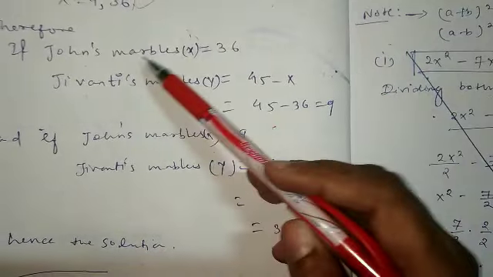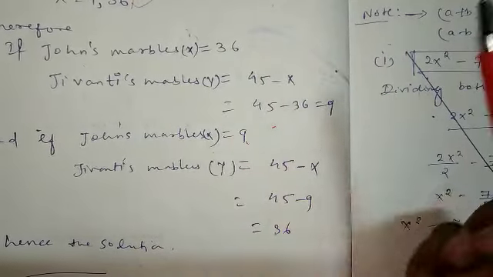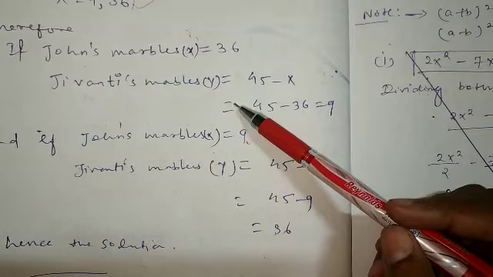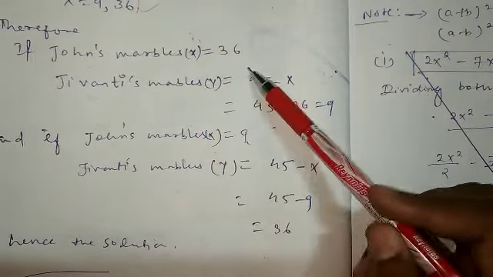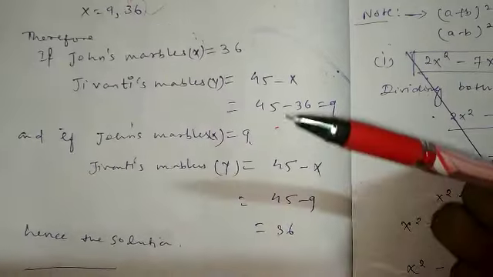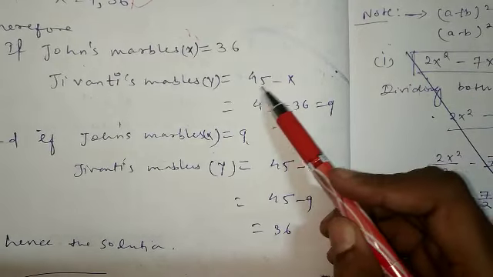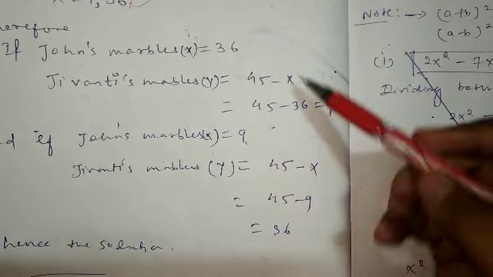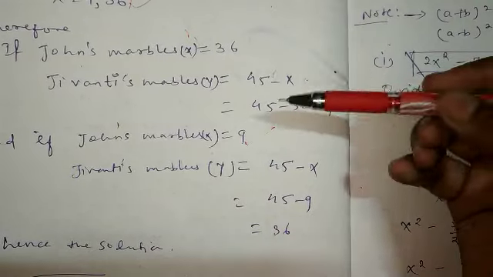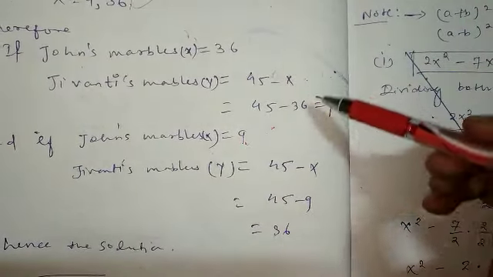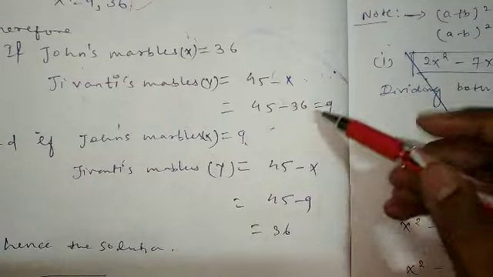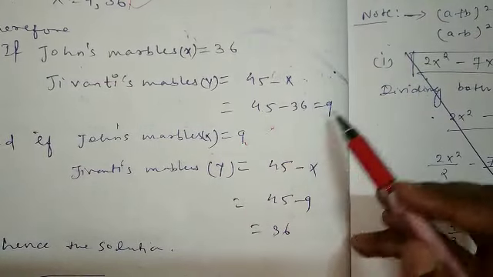So John's marbles are 36. Suppose that Jivanti's marbles will be y. The value of y will be Jivanti's marbles, so this is 45 minus x, right? After that, put the value of x, this is 36, and 45 minus 36 is 9.